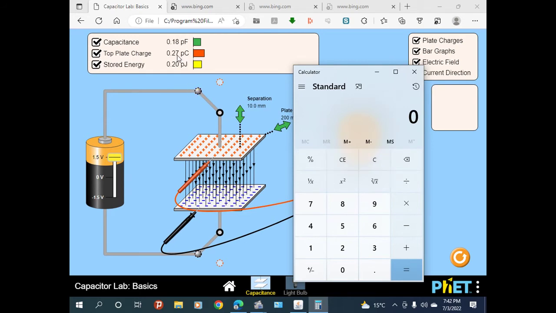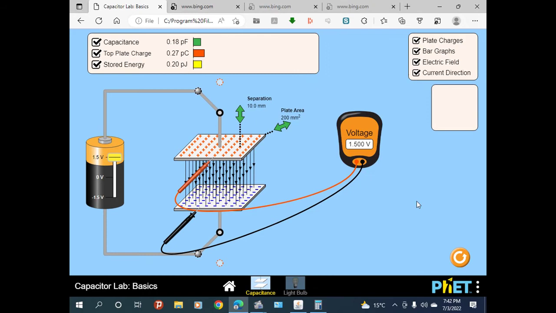The charge Q is equal to C times V. C is the capacitance, that is 0.18 times V, which is 1.5 volt. Here it is equivalent to 0.27 picocoulomb.